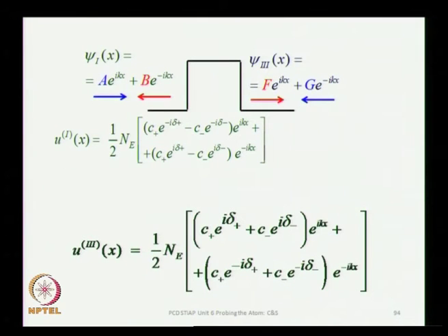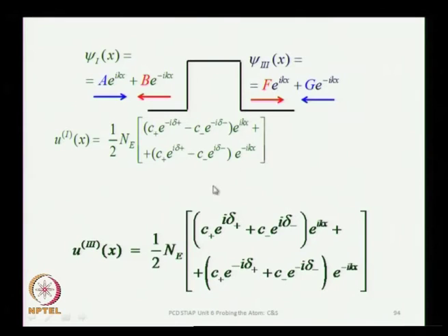So, now if you write these wave functions, earlier we had used this e to the ikx and e to the minus ikx, corresponding functions over here, the coefficients are now given by these c plus e to the minus i delta plus, because if you just carry out those transformations between the basis sets, you can write the same wave function in either basis, do the transformation, and this is what you get by doing a little bit of algebra which you can do at home.